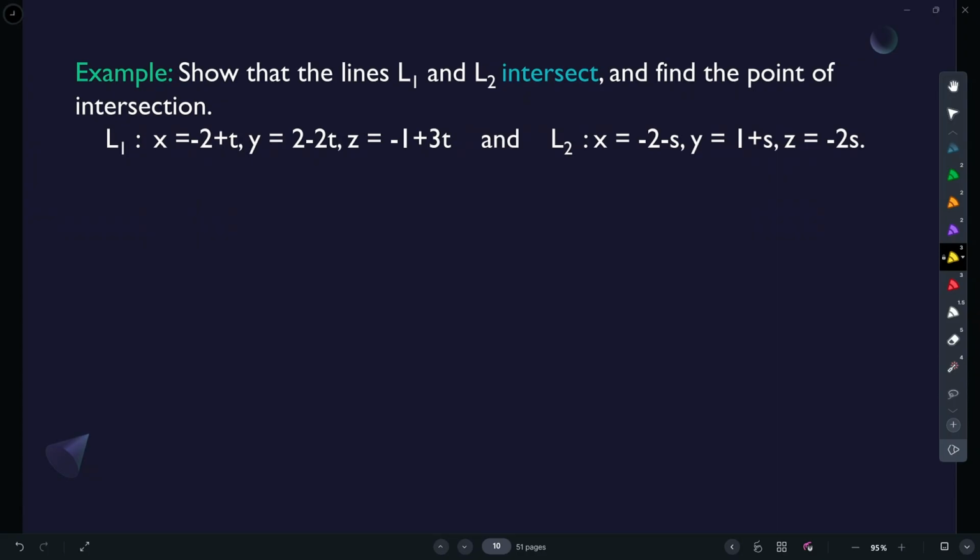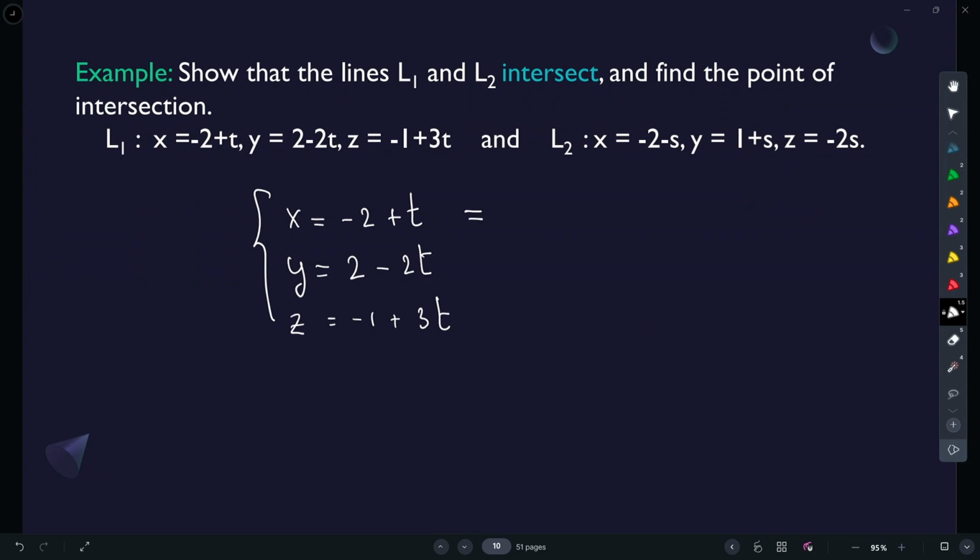Now, to show that two lines intersect and to find the point of intersection, we write these in parametric form. So L1 was given by x is minus 2 plus t, y is 2 minus 2t, z is minus 1 plus 3t. And if they are going to coincide for some parameter s, they have to be exactly at the same point. So you set it equal to minus 2 minus s, 1 plus s, and minus 2s.